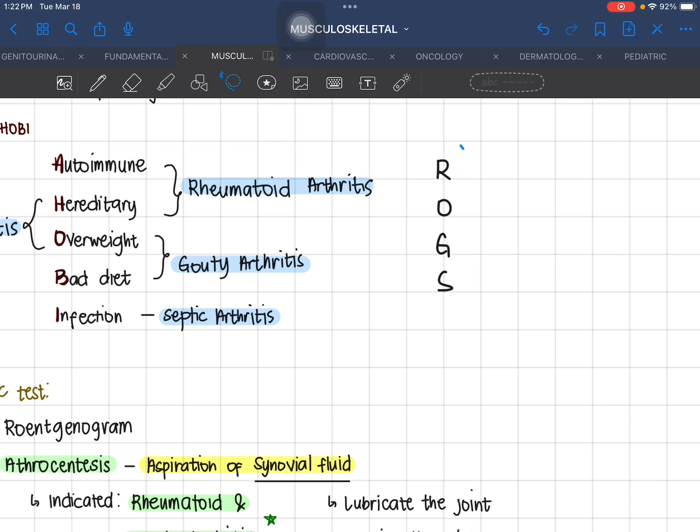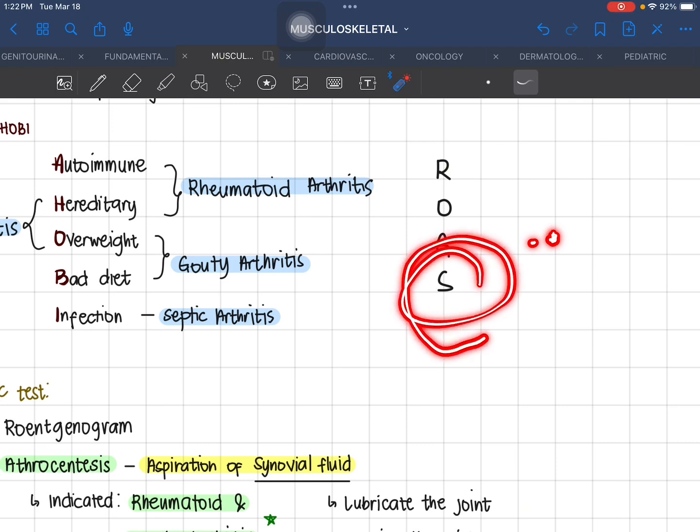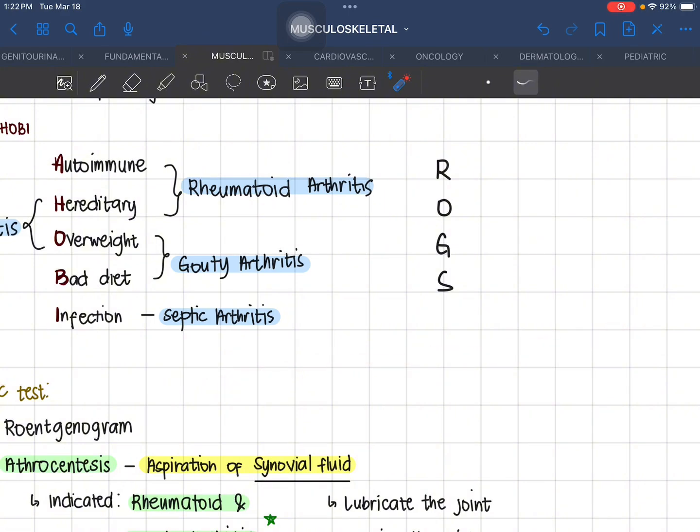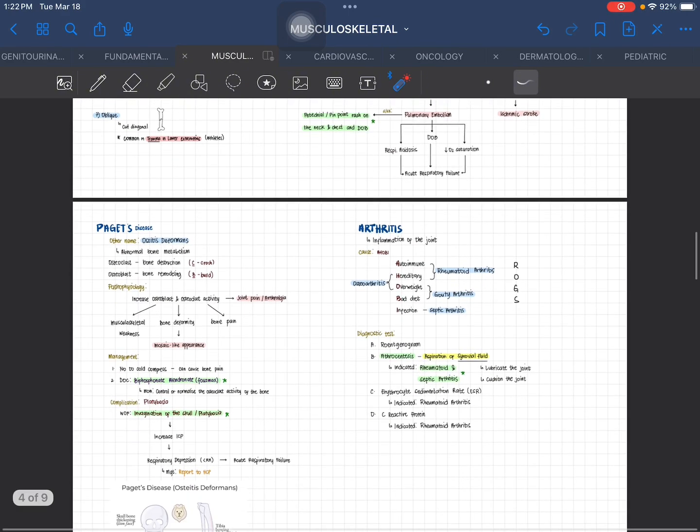R stands for rheumatoid. So, ang cause ng rheumatoid, of course, autoimmune and hereditary. So, ang osteoarthritis naman, hereditary and overweight. Ang gouty arthritis naman, overweight and bad diet. And lastly, ang septic, of course, solo niya ang infection. Kapag septic arthritis, infection na yan. Just like the septic shock.